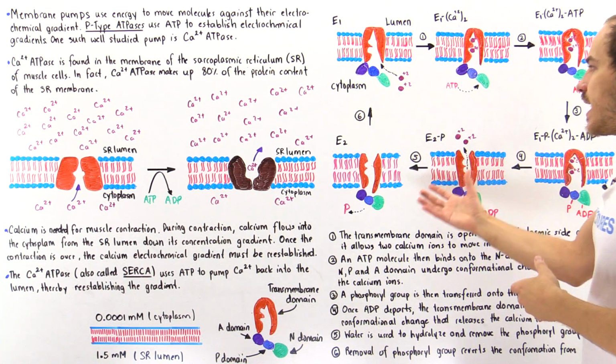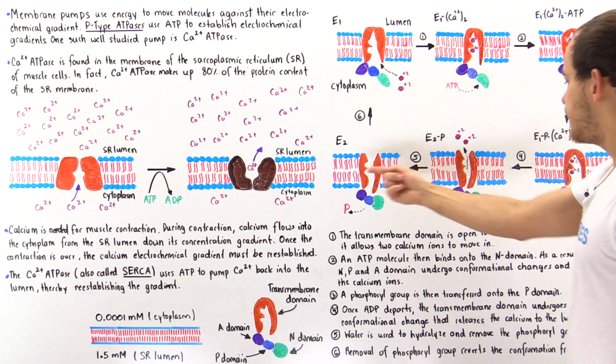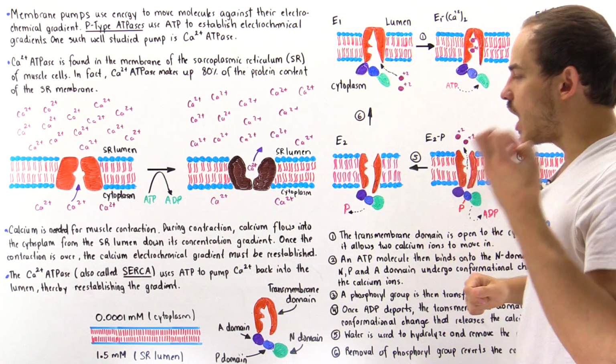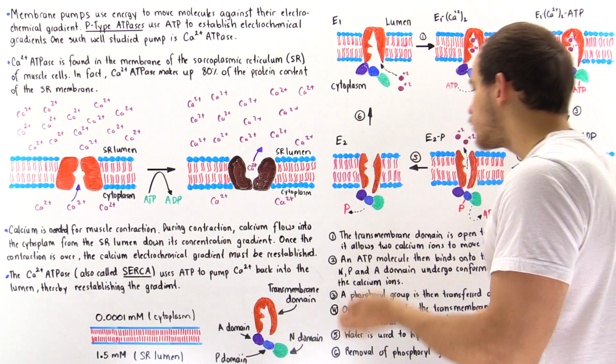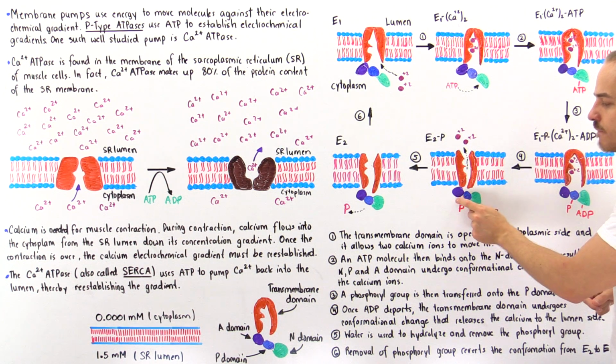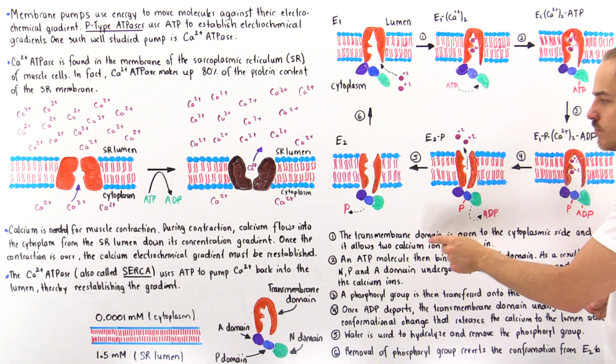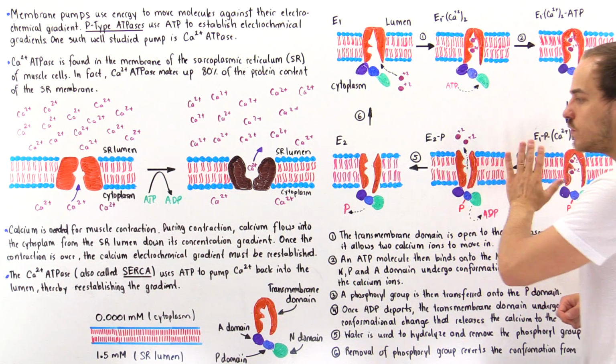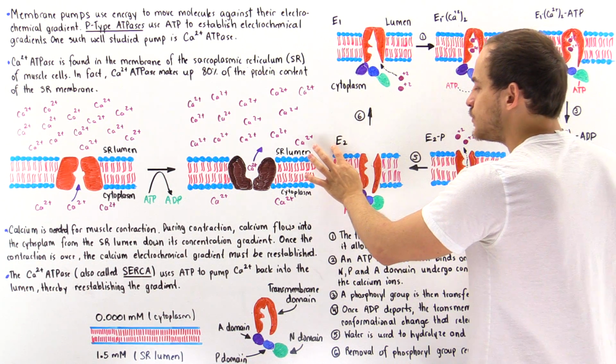Now, in the next step, we use a water molecule to hydrolyze and remove this phosphoryl group from the P domain. And as it is removed, we form this E2 stage.